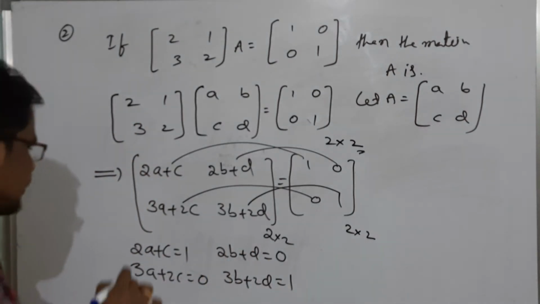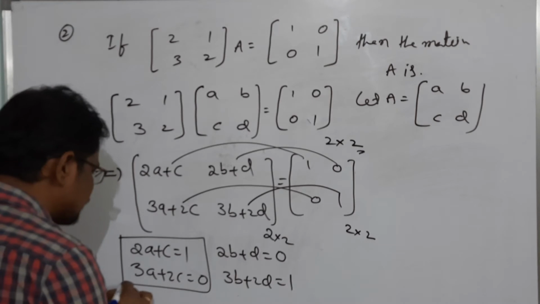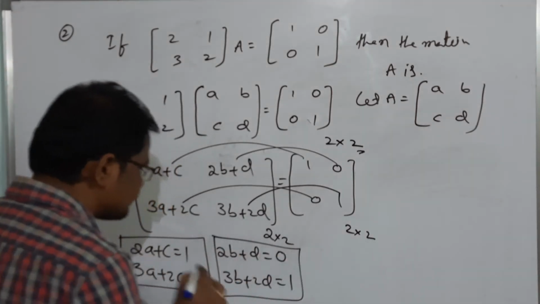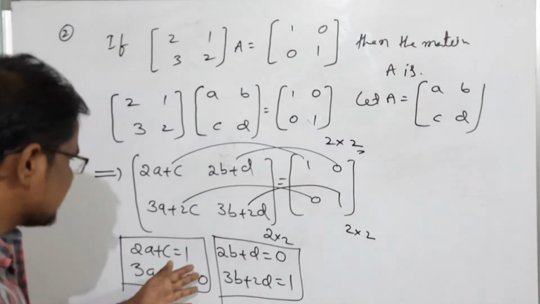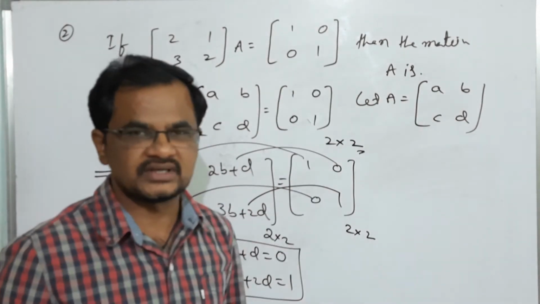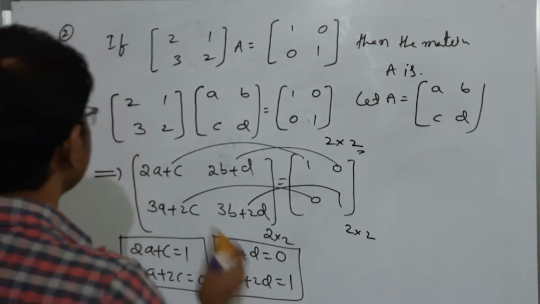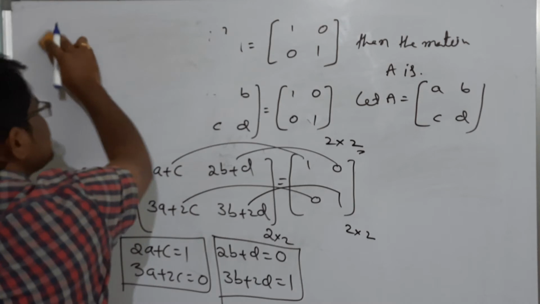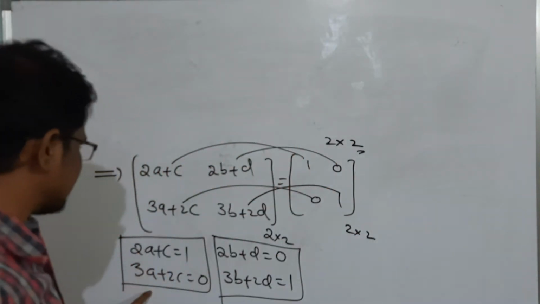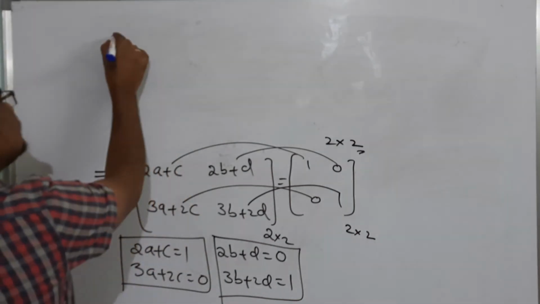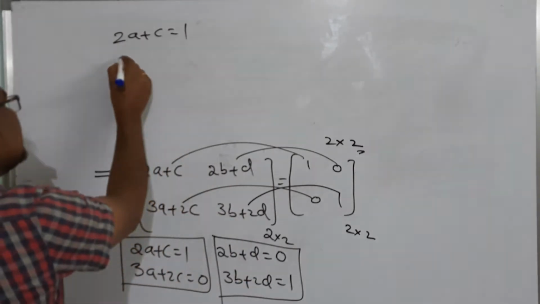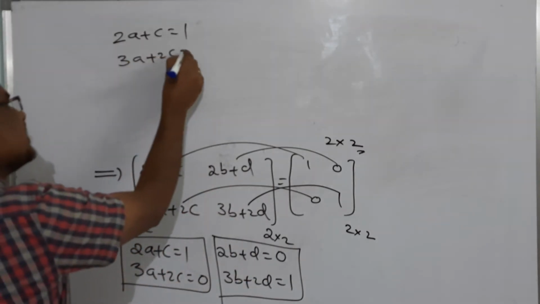Now if you solve these two, you will get the a and c values. If you solve the other two, you will get the b and d values. If you substitute these a, b, c, d values in the matrix, you will get A. First solve 2a plus c equals 1 and 3a plus 2c equals 0.